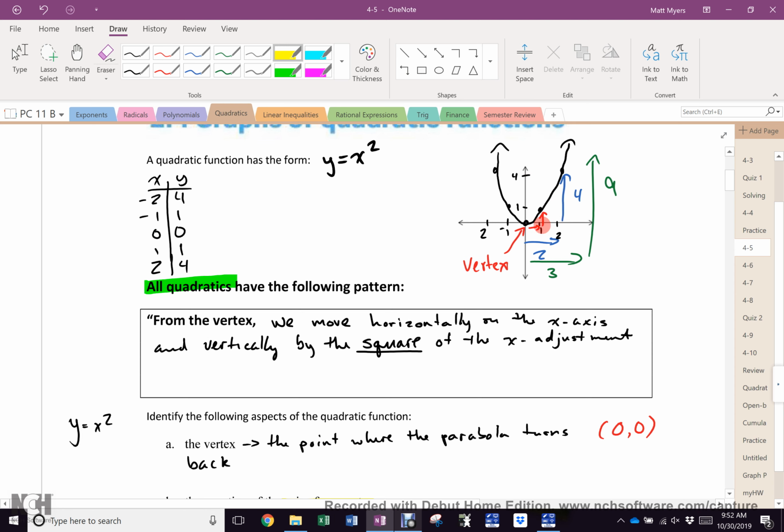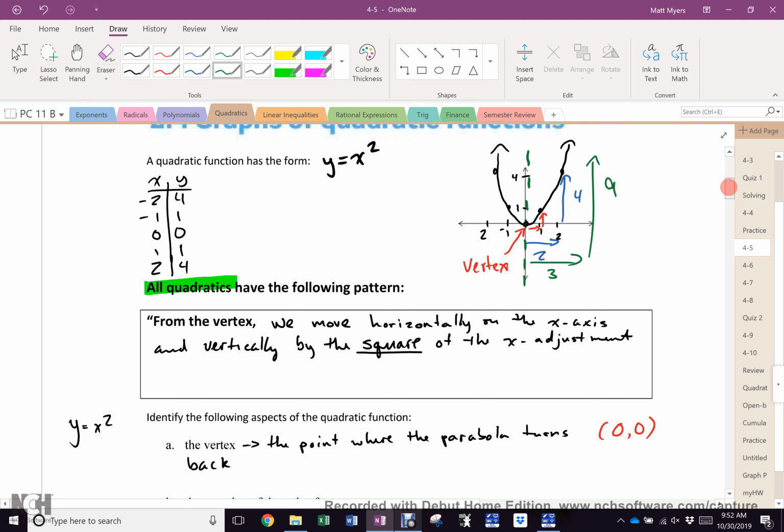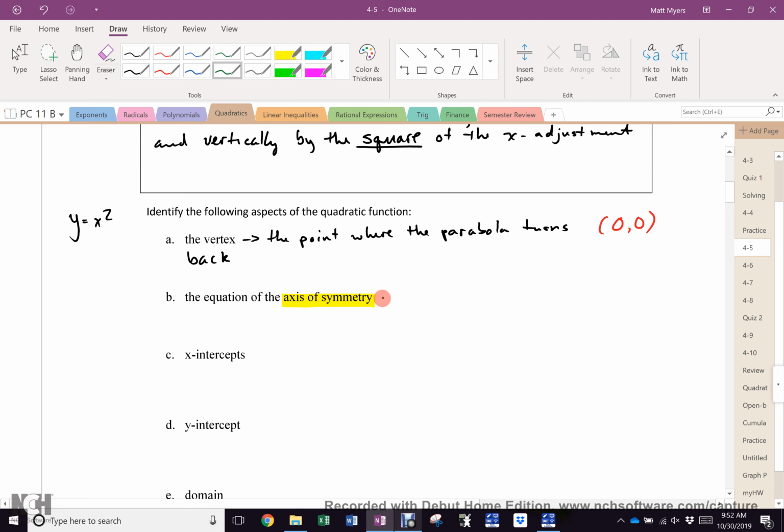I went over 1, up 1, right 1, up 1. The symmetrical option is left 1, up 1, yes? So that tells us that right down the middle here, right through the vertex, if I fold that parabola over, I have the exact same thing, don't I? That is what the axis of symmetry is.